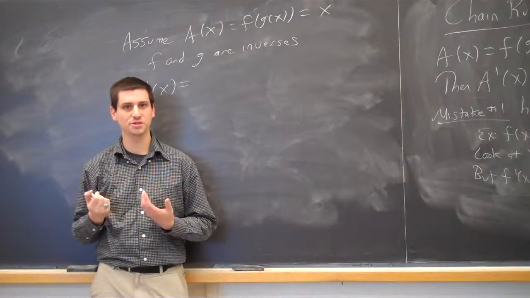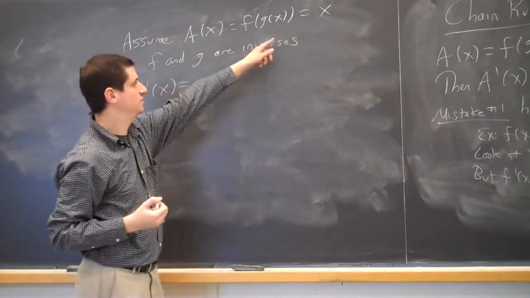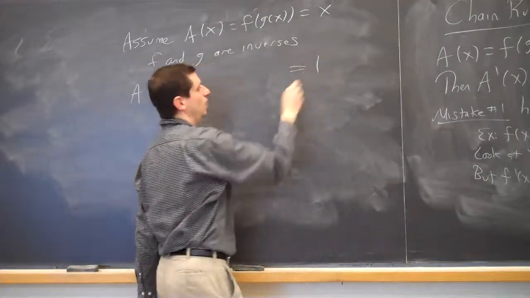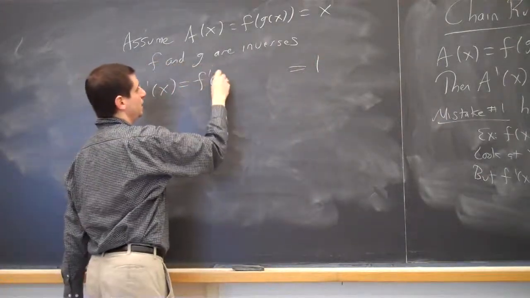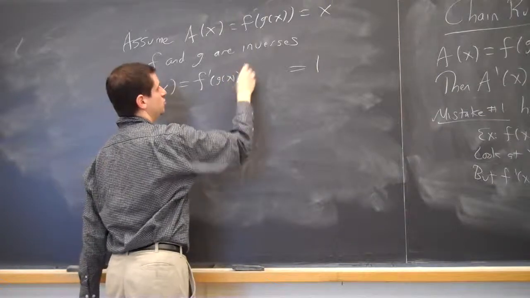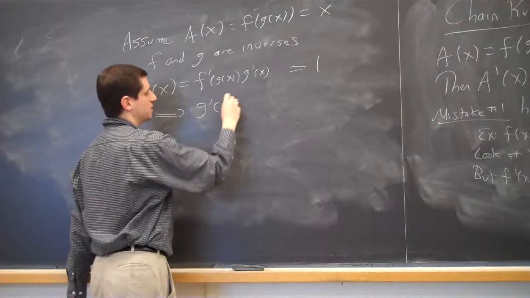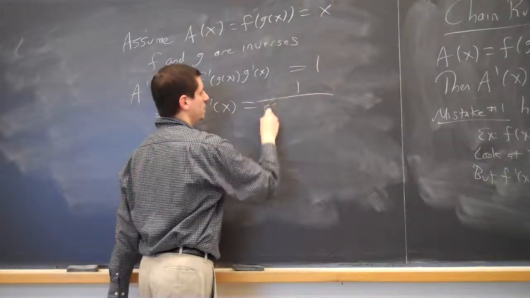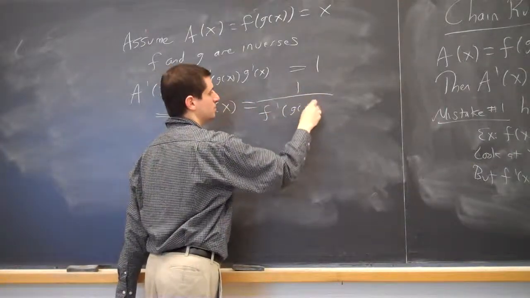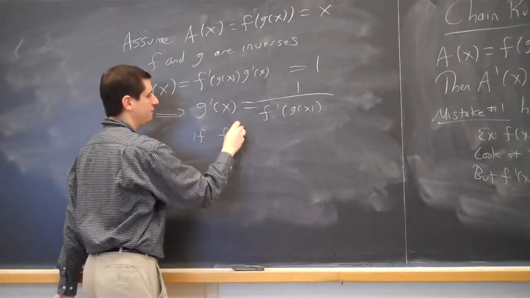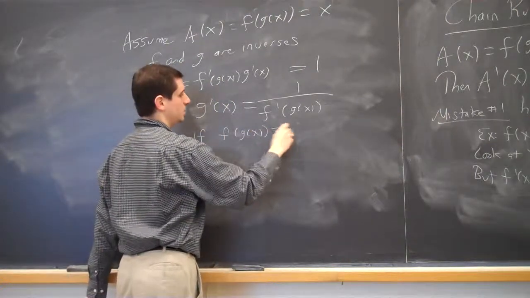A prime of x equals? 1. It's equal to x, so it's just equal to 1. But it's also f prime of g of x times g prime of x. Therefore, g prime of x equals 1 over f prime of g of x, if f of g of x equals x.